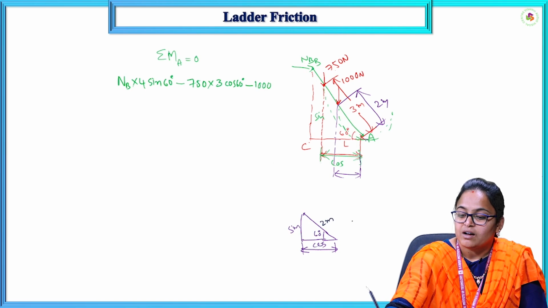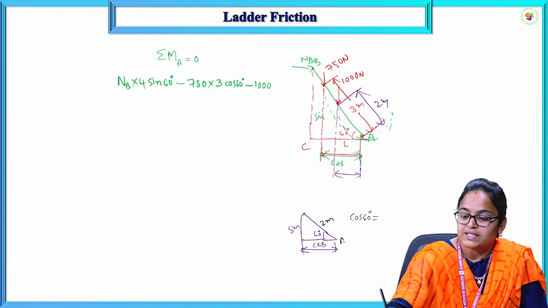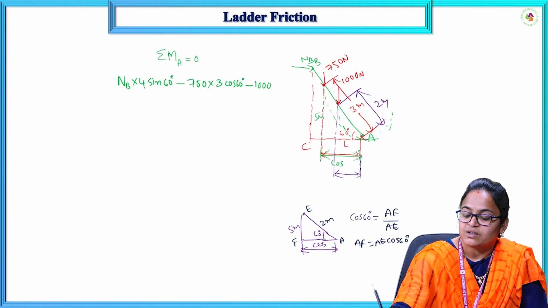Cos 60 degrees, say for example this is A, this is point E and this is point F. So AF by AE, that is AF is equal to AE into cos 60 degrees.